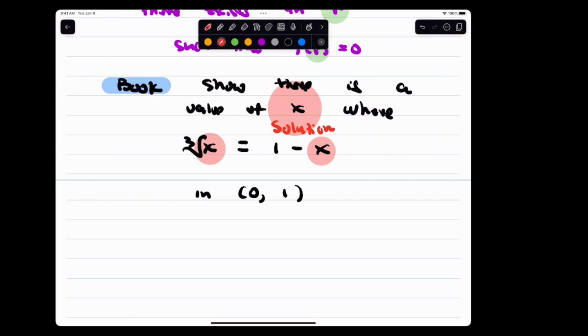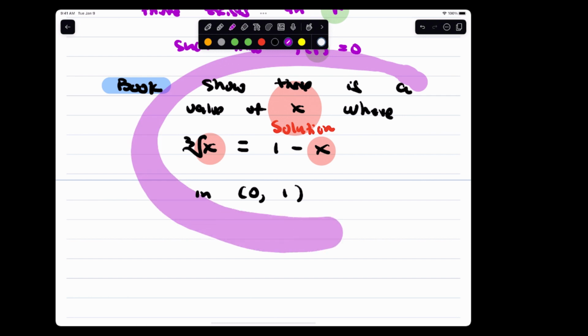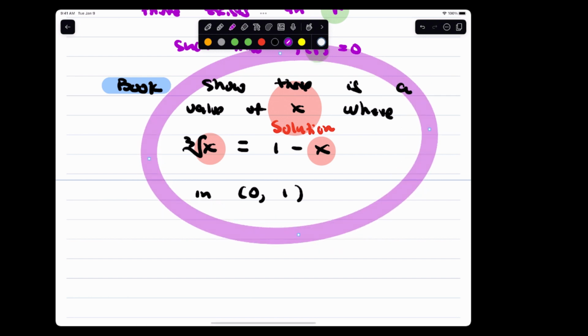Actually, no. Believe it or not, there is no algebra you can use here. Usually we say, use algebra, but now there is no algebra.